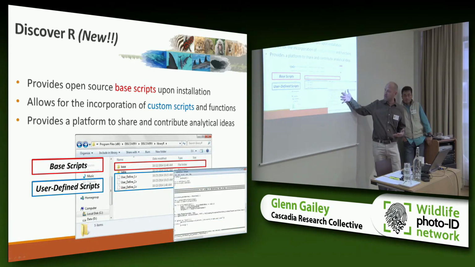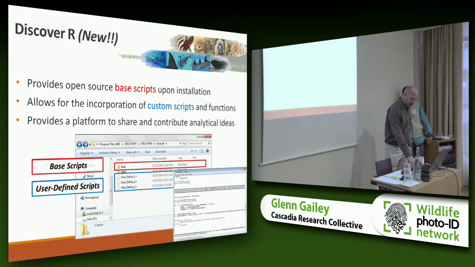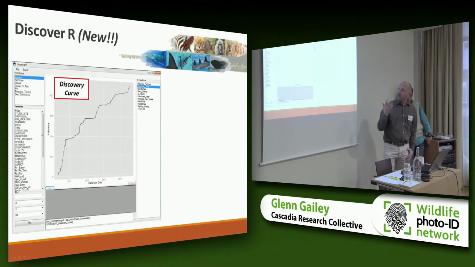This is just an example of a script where you have a simple function to do resightings, and anybody can look at that and see what it's doing. Here's an example of using our component with the discovery curve.